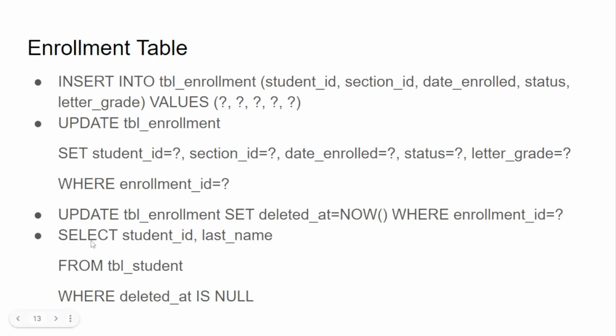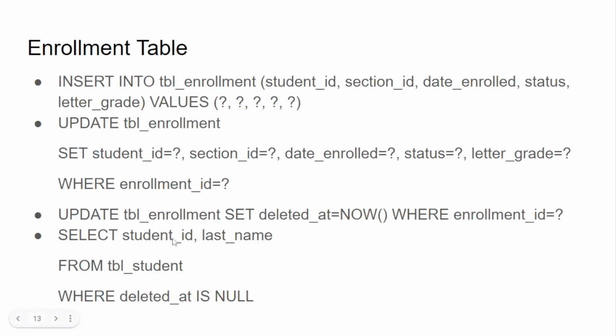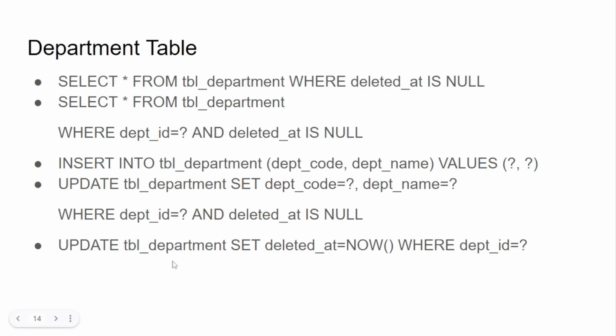And then this one, we can select student id and then last name from table student, where deleted at is null. So basically this is the same as with department, where we populate the drop down box. This time we're populating the student information.